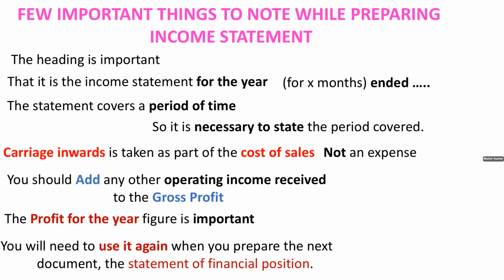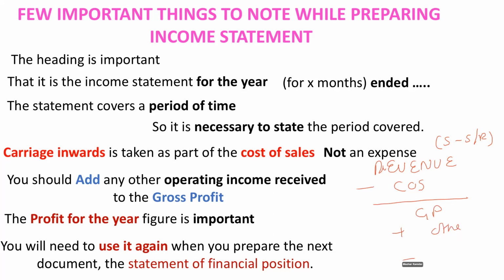Our trading business has revenue, that is sales minus sales return, minus cost of sales gives you gross profit, add other income, less other expenses, and you arrive at the net profit or profit for the year or losses. This happens when you're doing a trading business. Trading business means you are doing a business of buying and selling.